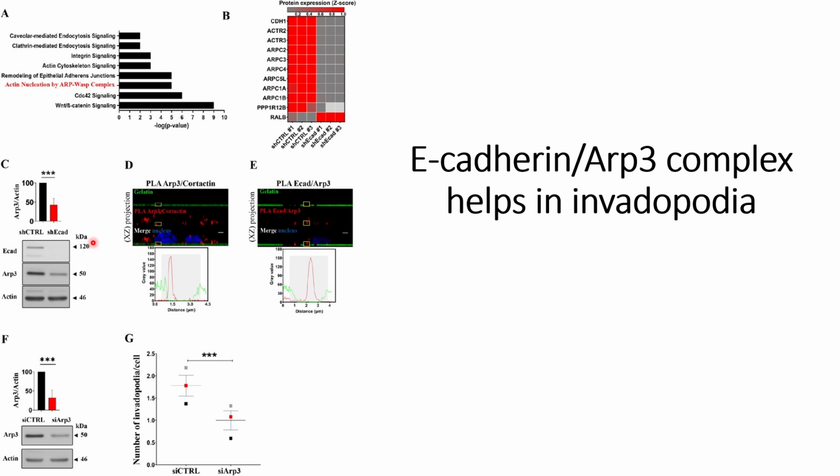Afterwards, they also did immunostaining or PLA experiments, where they checked that the ARP3 and cortactin complex is present, and simultaneously that the E-cadherin and ARP3 complex is also present. This indicates that ARP3, cortactin and E-cadherin make a complex that helps in invadopodia formation.